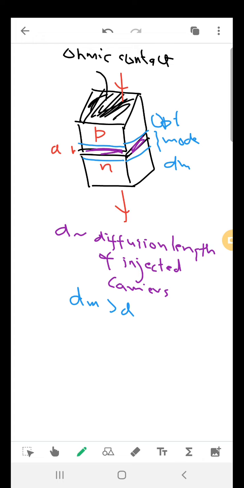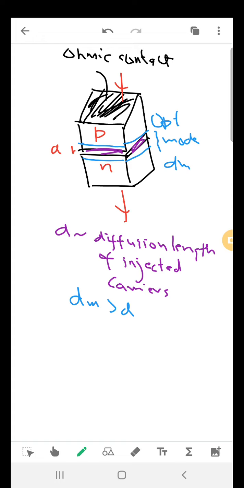Now the confinement in a homojunction laser is extremely poor, and the active region is defined by the stimulated emission and resulting gain in the region. As the rate of stimulated emission increases in the active region, due to these cleaved planes the light is getting reflected back and forth between the two planes.